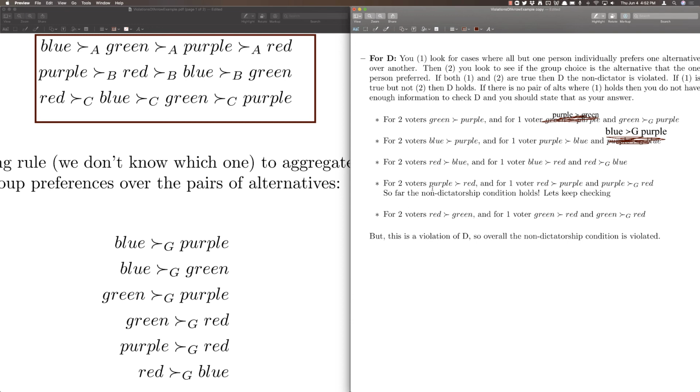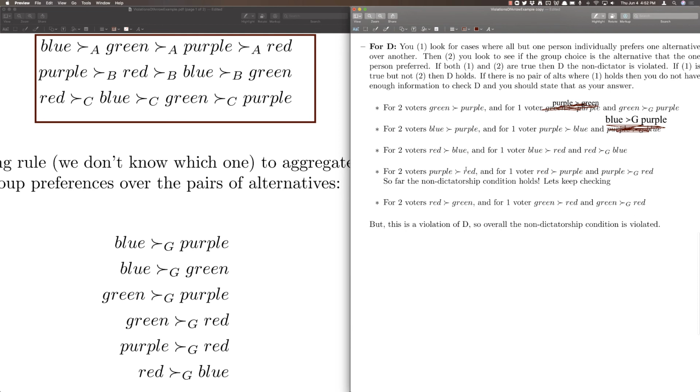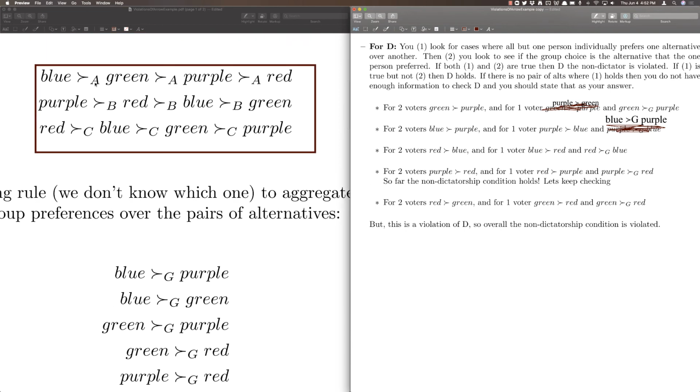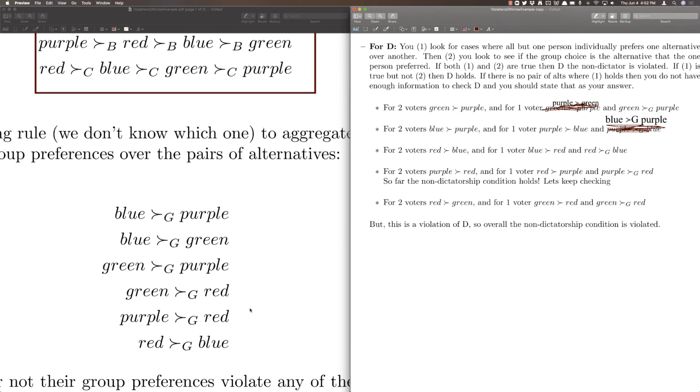Down here for 2 voters, that's purple over red for A, purple over red for B, but red over purple for C. So again, we have a 1 against the rest, red over purple for 1, purple over red for the rest, but the voting rule has returned purple over red, so the 1 person did not get their way. So far, non-dictatorship condition holds, all right? So far, so good.